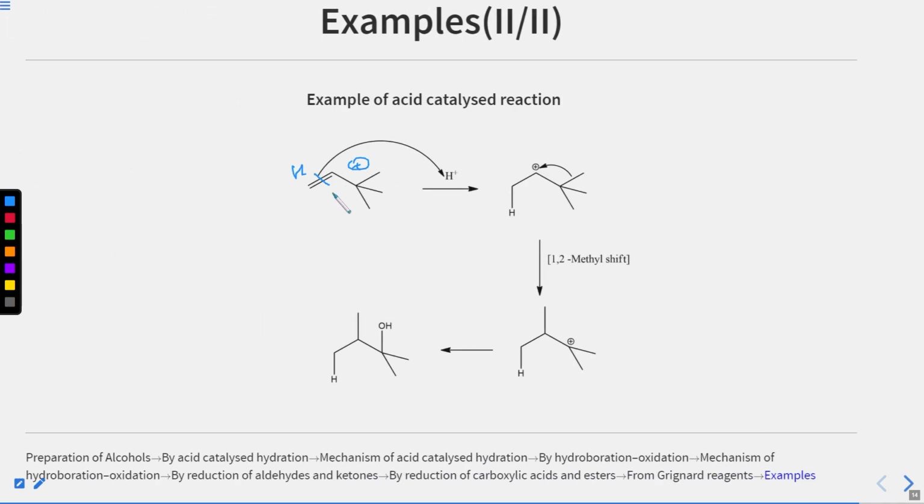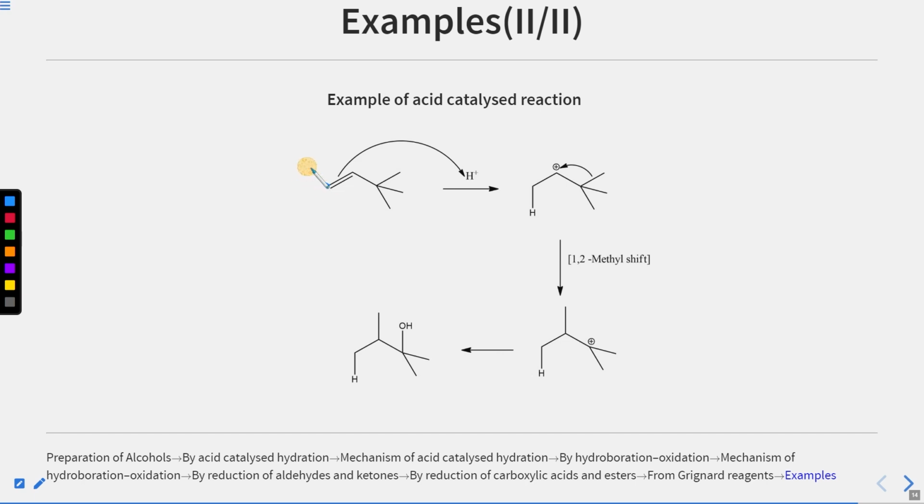Second case can be that our H goes here and positive charge builds up here. But since this is a primary carbocation and it has no allylic backup, it will not be formed, because this one will be the more stable carbocation as it is a secondary carbocation.